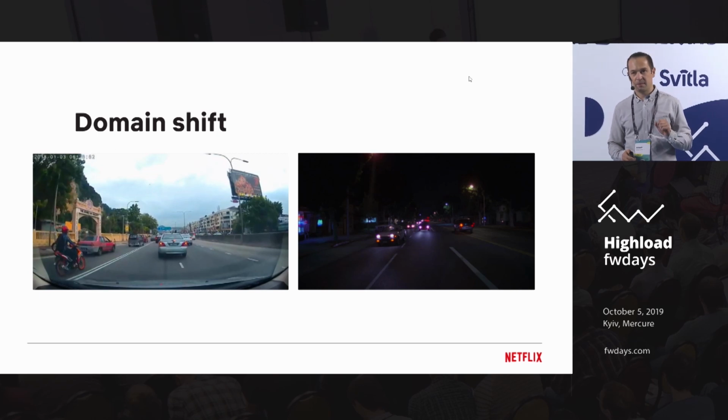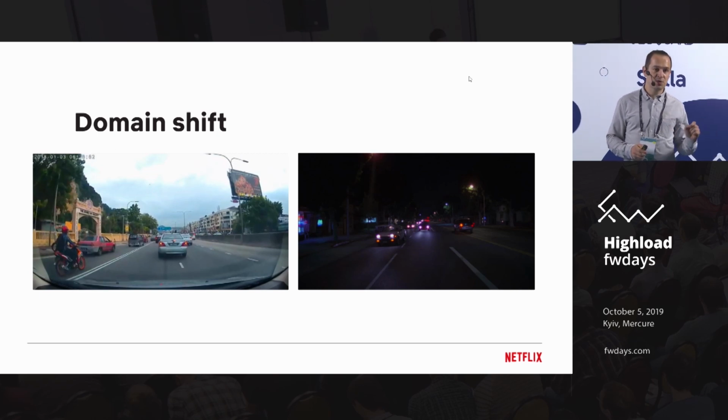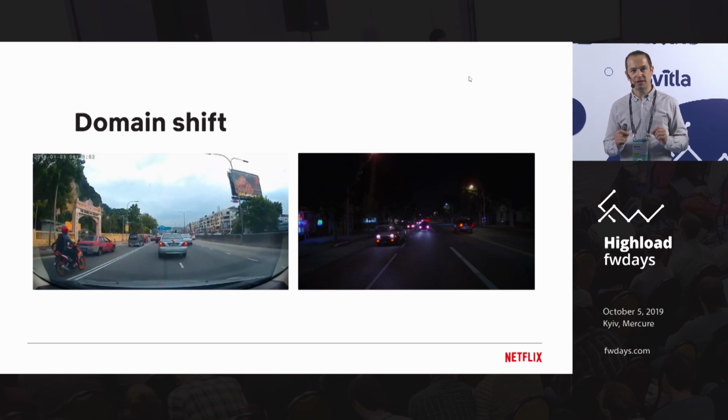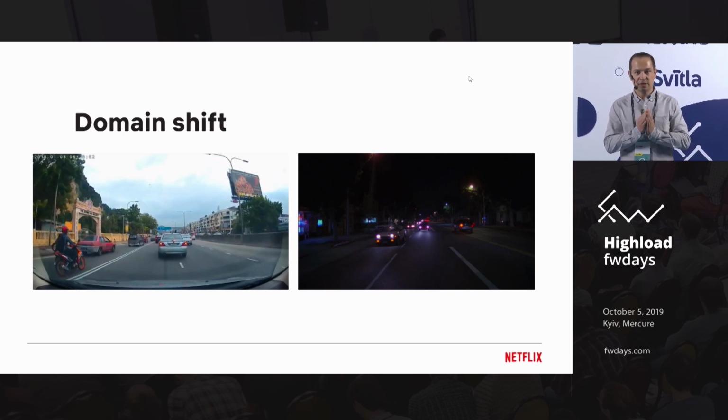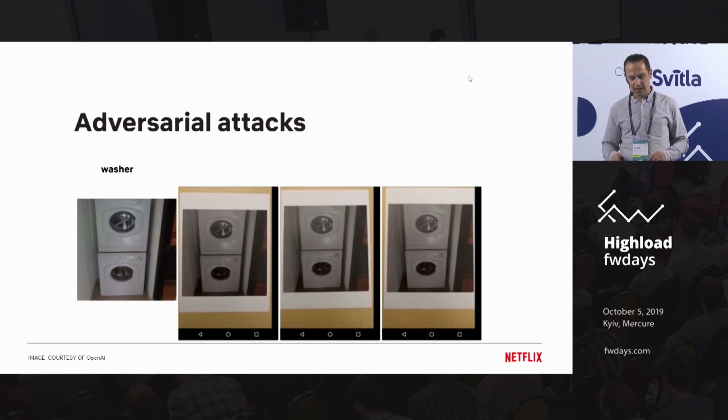In fact, neural networks are so good at finding teeny tiny differences that it's possible to convince them that something is of a completely different class, even though humans don't recognize this. It's called adversarial attack.